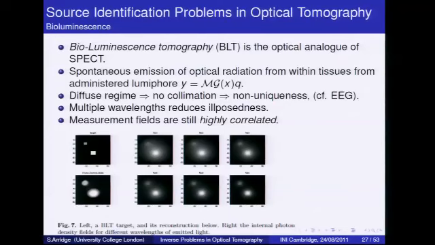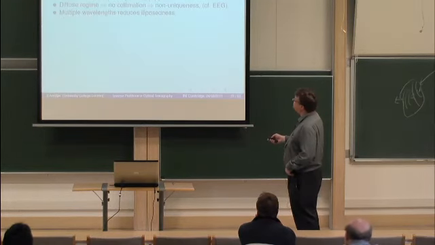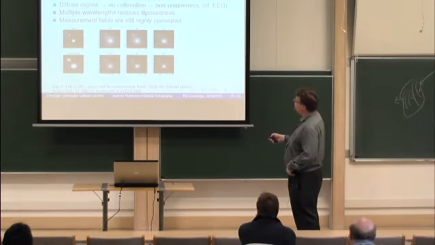If we look at how that works, here now I'm just showing 2 sources, and this is just the spontaneous field. Taking this as a source and just propagating the light, it's just diffusing away if we could measure internally. But of course what we measure is on the boundary.